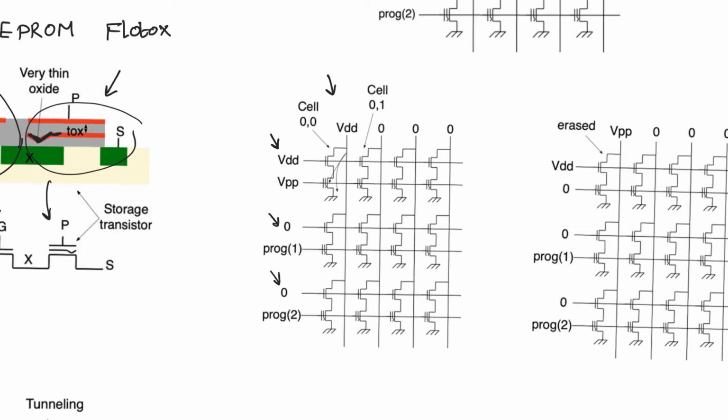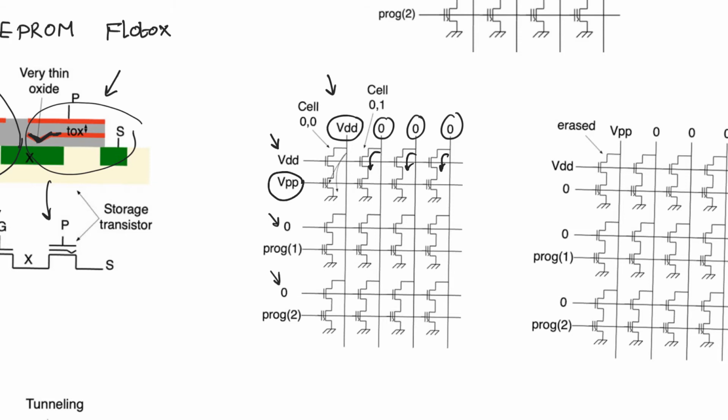This causes the access transistors of all the cells in the first row to be active, but we are going to apply a VDD only to the bit line of the first column. And therefore, when we apply a 0 to the bit lines of all the other columns, it really doesn't matter that the access transistors are on, because all that's going to happen is that these access transistors are going to pass a 0 to the internal node between the storage transistor and the access transistor.